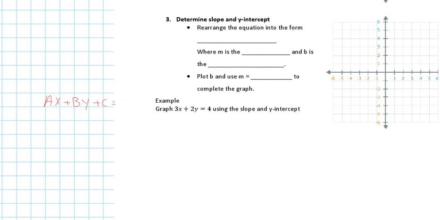We talked about that. We said this could be one format. The other format is if I have y by itself, so y equals, and I have something x, we call it mx, plus b.